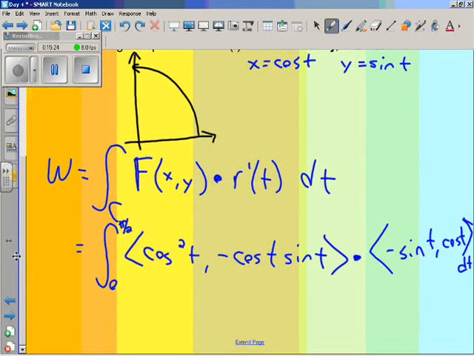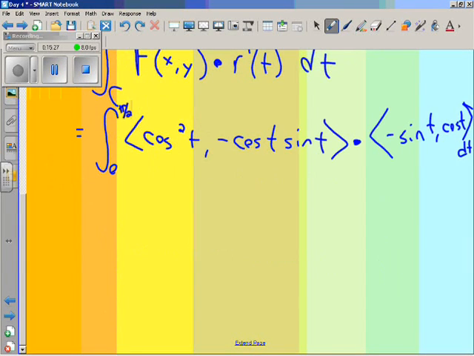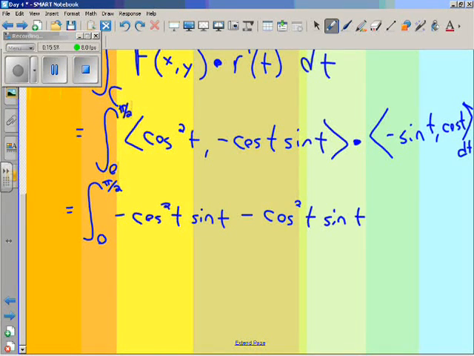And luckily, I think this integral is going to work out to be relatively straightforward, because we're going to have cosine squared t times negative sine of t, so negative cosine squared t sine of t, and then plus, because it's the dot product, but we have this minus here, so we're going to have minus cosine squared t sine of t, dt.